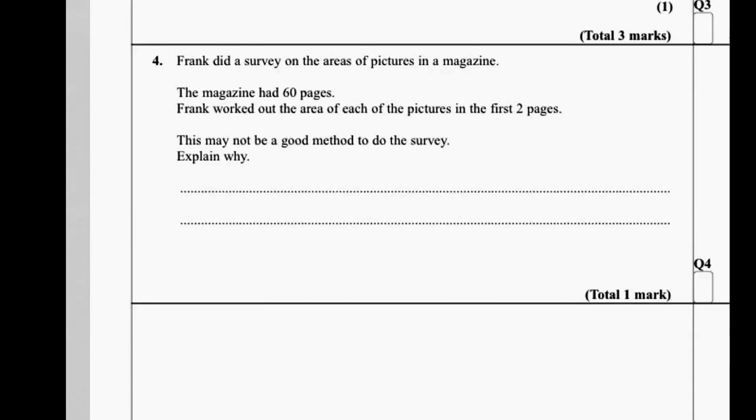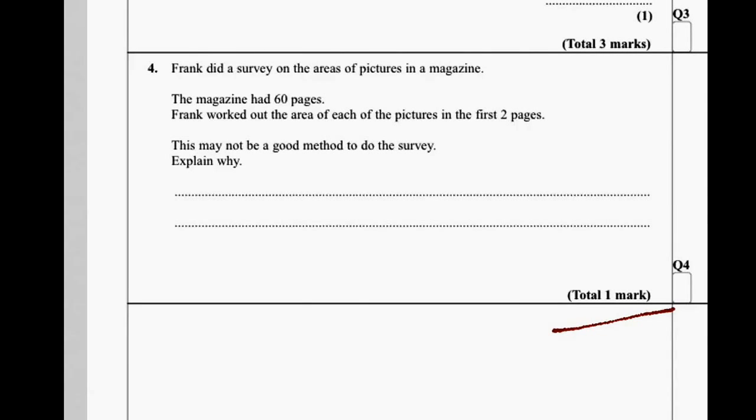Question 4. Frank did a survey on the areas of pictures in a magazine. The magazine had 60 pages. Frank worked out the area of each of the pictures in the first 2 pages. This may not be a good method to do the survey. Explain why. It's only worth 1 mark, so it's a nice quick question.